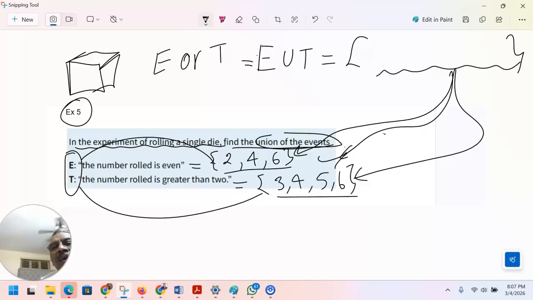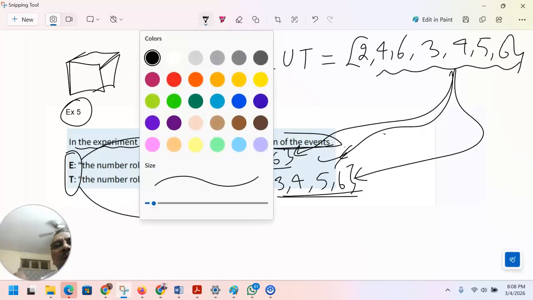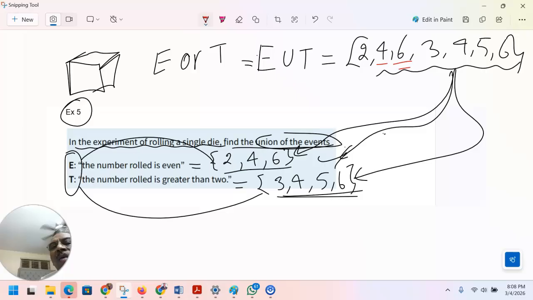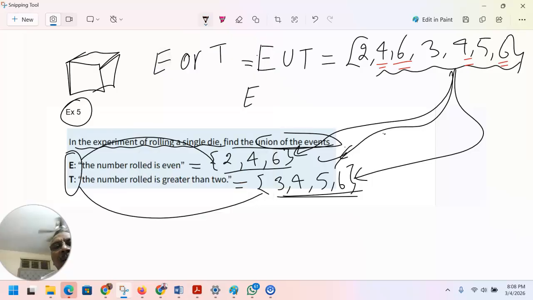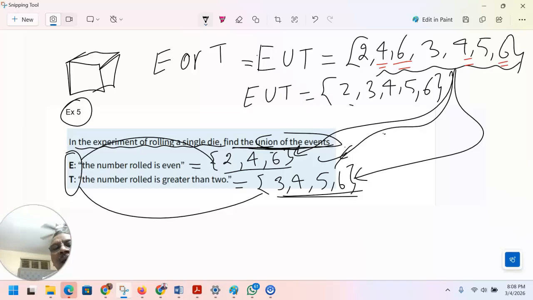The first one is 2, 4, and 6, and you also put the other one, which is 3, 4, 5, 6. If there is any repetition, 6 and 4 are repeated, so we write them only once. So E or T is 2, 3, 4, 5, and 6. There are 5 of them. The question is only asking you to find the union of events, so this is the union of events.